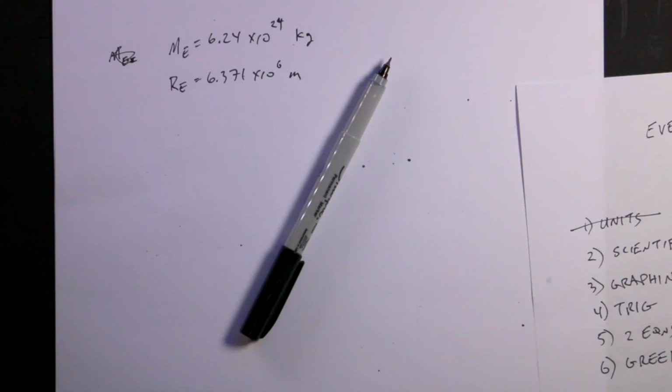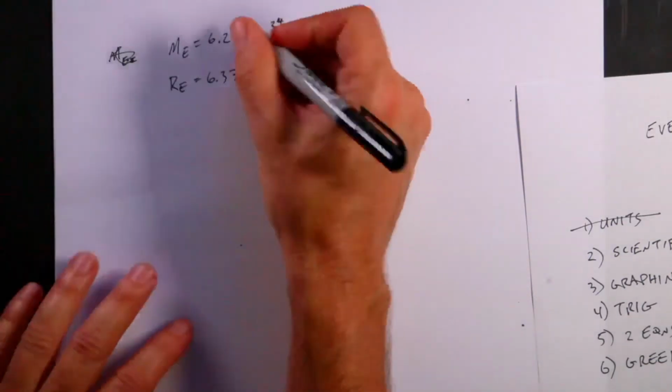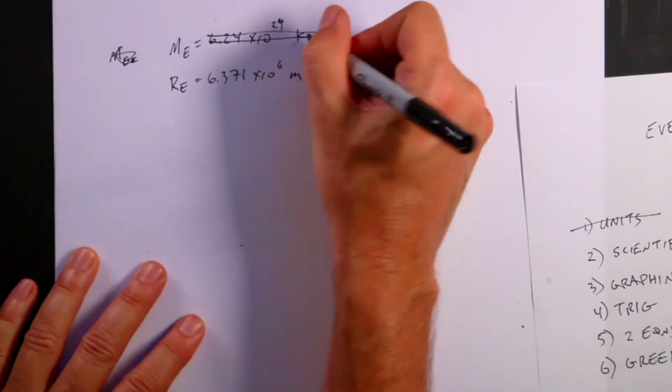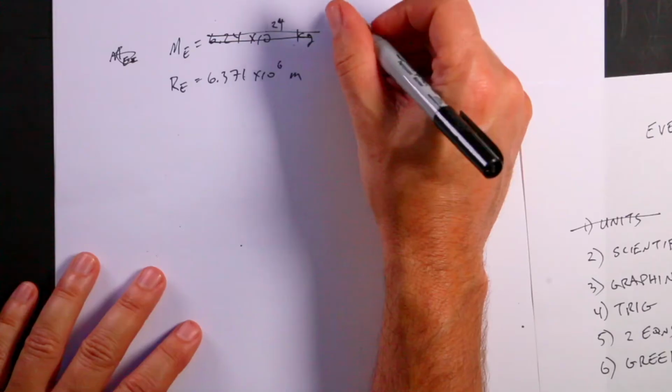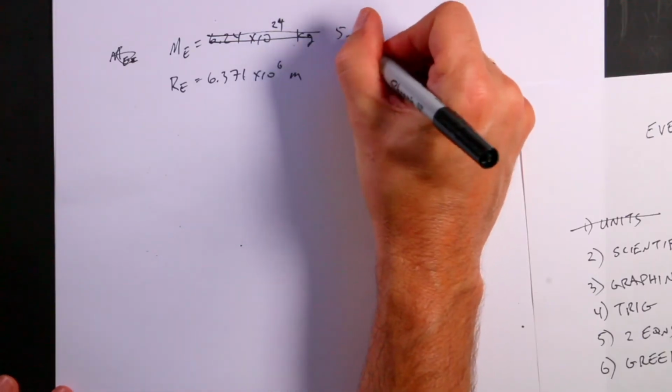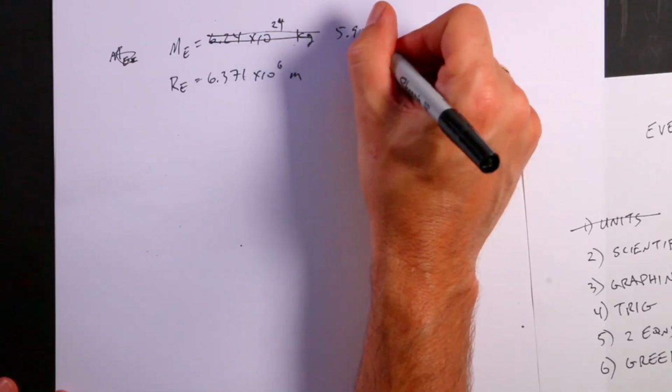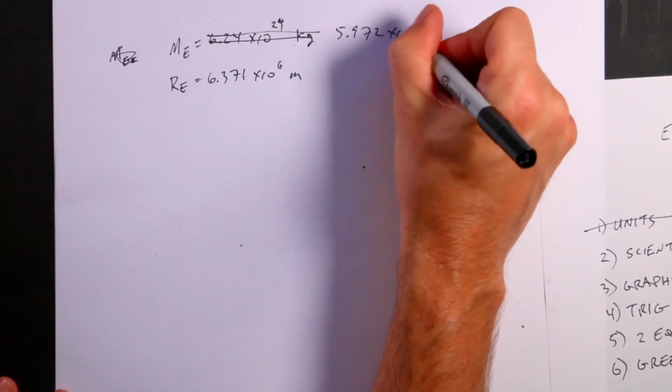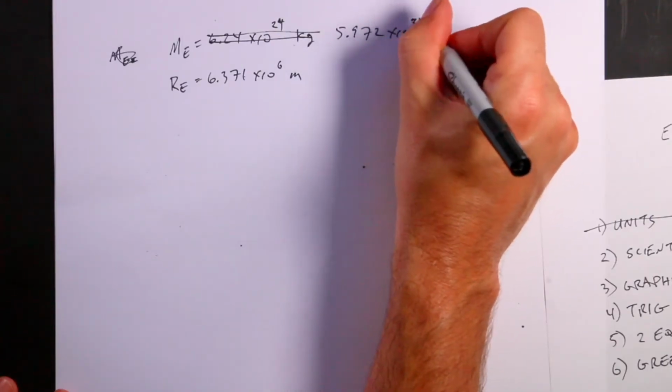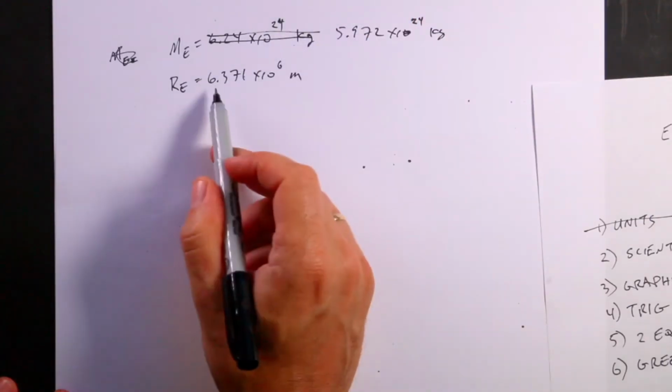Okay, I got the mass of Earth in kilograms. I don't want to be wrong. It's 5.972. I was close. 5.972 times 10 to the 24th kilograms. Okay, so let's write this number out.